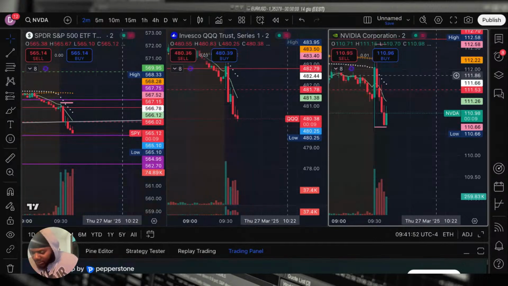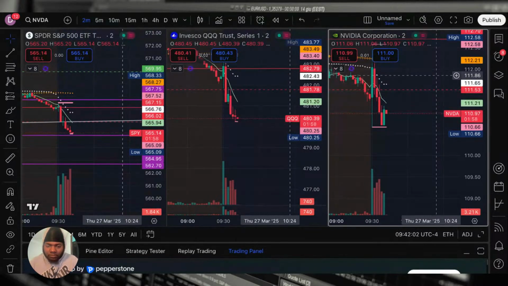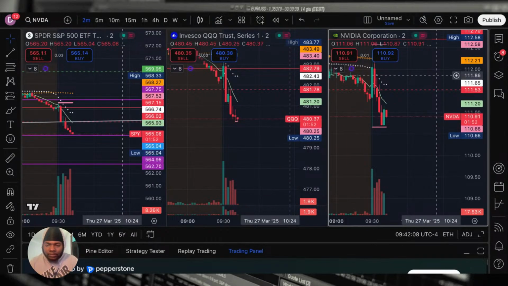Still holding, guys. Still holding. I'm still in QQQ puts.